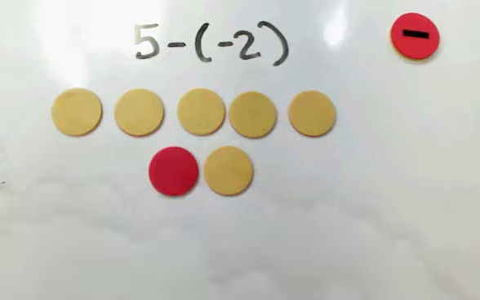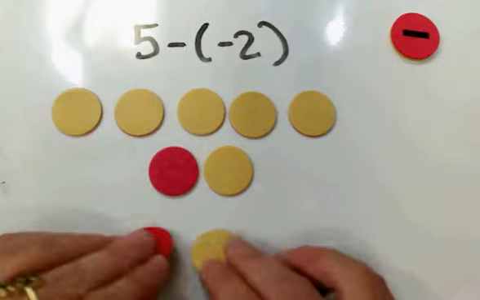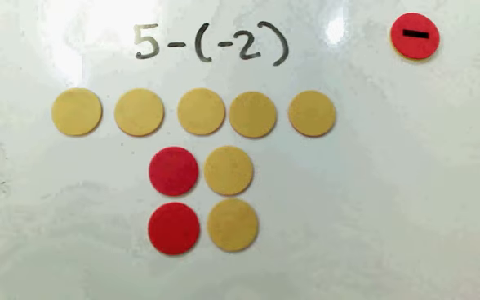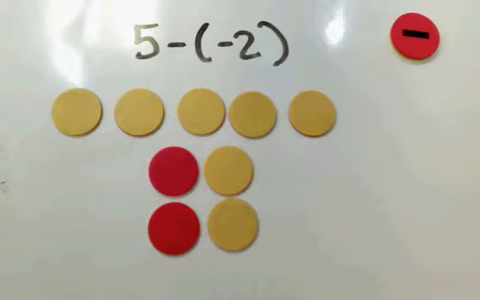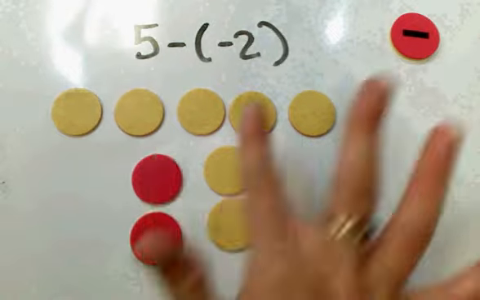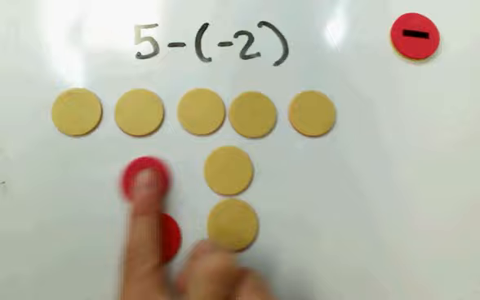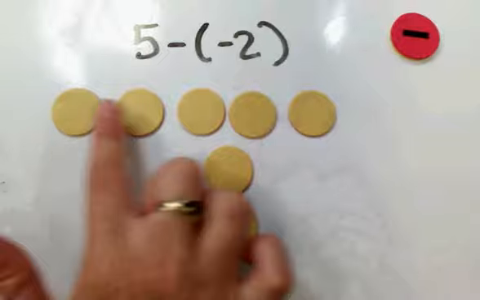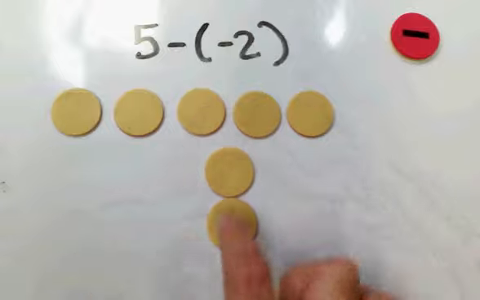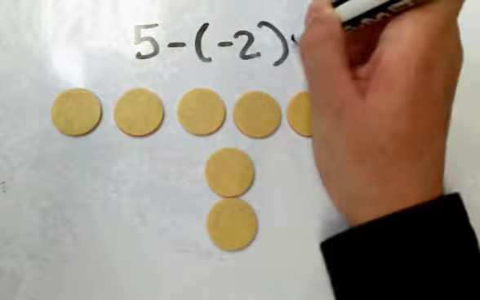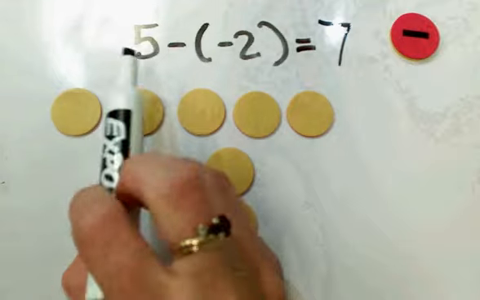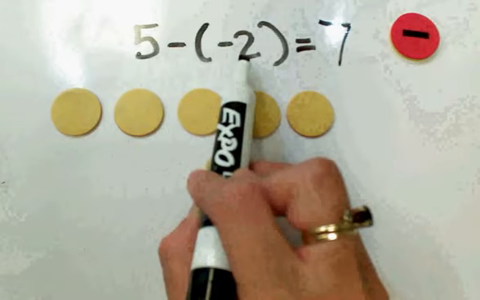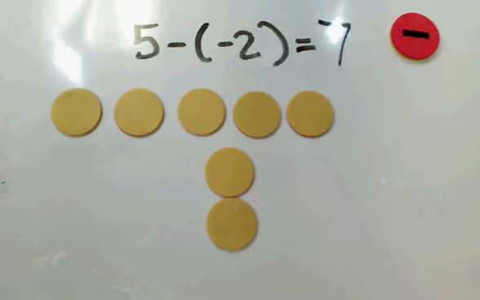But by adding 2 zero pairs, I now have 2 negative chips. And so with 2 extra negative chips now, I can take these away. So I'm taking away my negative 2 counters. So what's my result? My result is 1, 2, 3, 4, 5, 6, 7 positives. So my answer to 5 minus negative 2 is going to be positive 7.